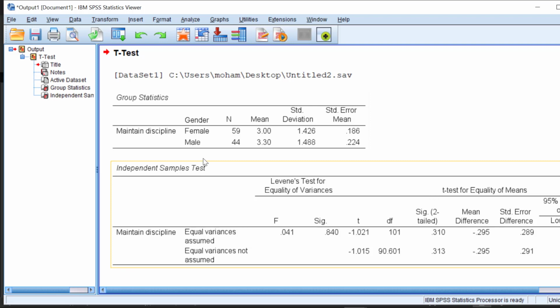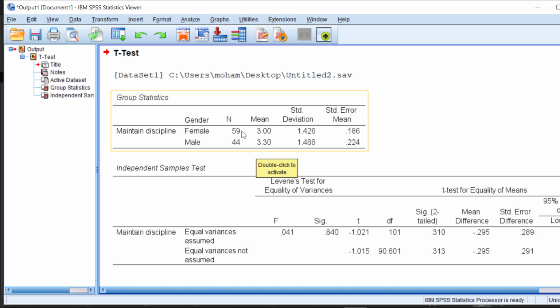And to see whether or not there are statistically significant differences between male and female respondents with regard to their agreement with maintaining discipline through the L1, we don't notice any statistically significant difference as the p-value is above 0.05. It's here .31, as you can see.